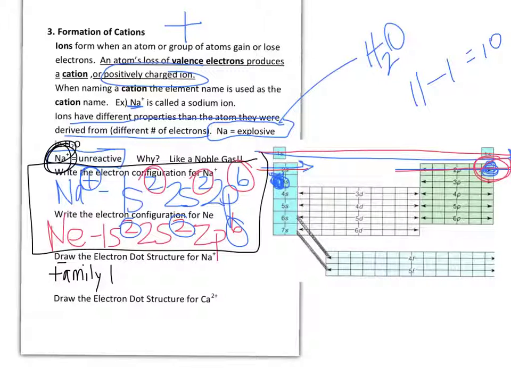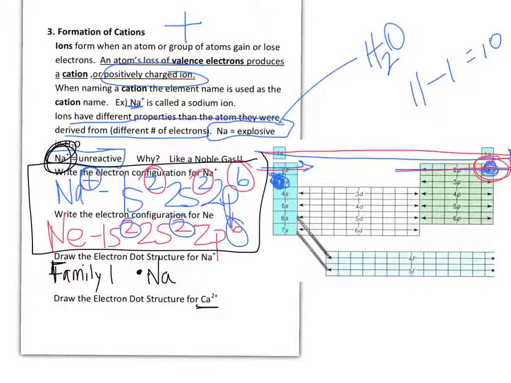And normally what you would do for an electron dot structure is you would simply put one dot around the symbol in order to show that it has one valence electron, because remember the family is related to how many valence electrons there are.